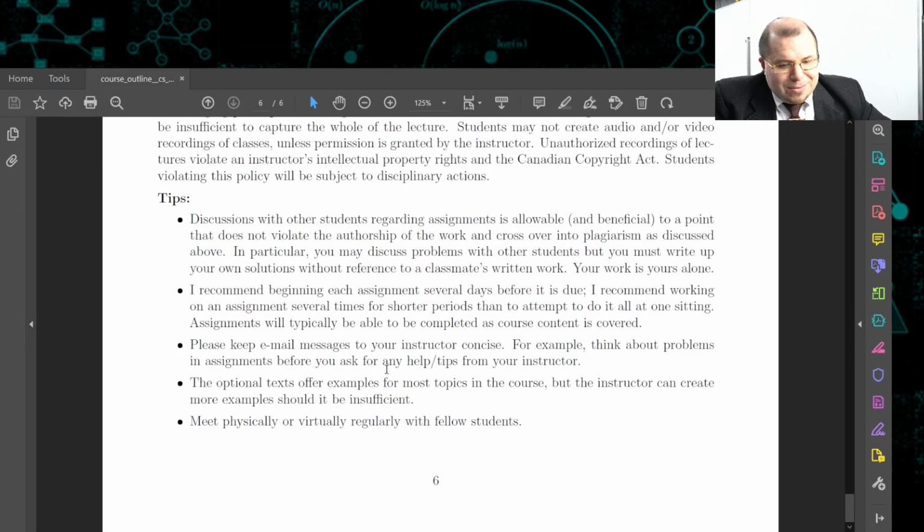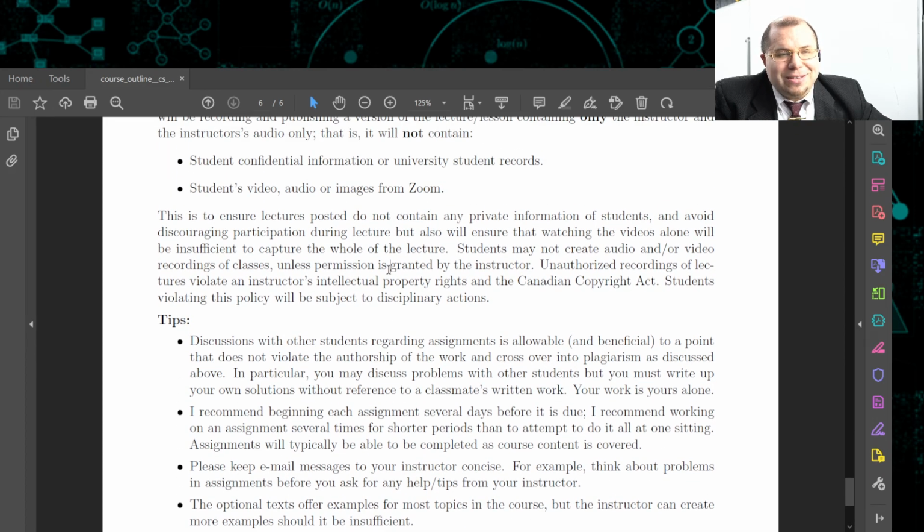Just generally, like I said, try to meet with other students. It's usually a good opportunity to learn or discuss ideas from the class. And I'm always big on encouraging other perspectives. If you're learning something in this course, look at the optional text. If you find yourself wanting to pick up another text to learn about things, try to find another perspective to see if maybe it can affirm the views that you currently have.